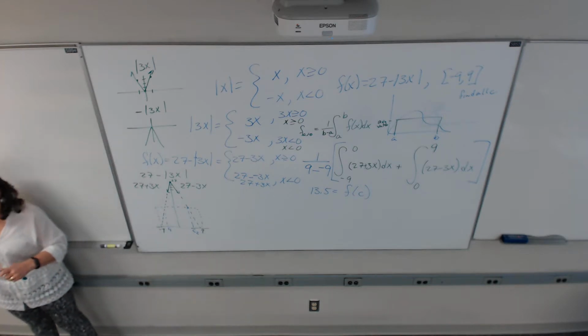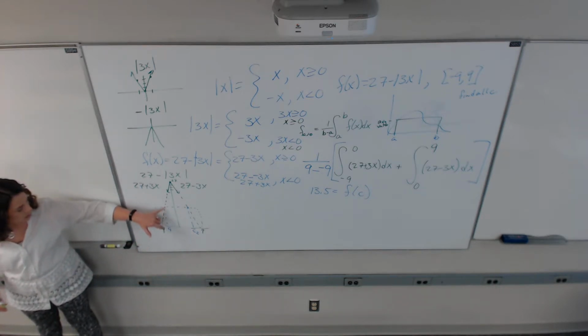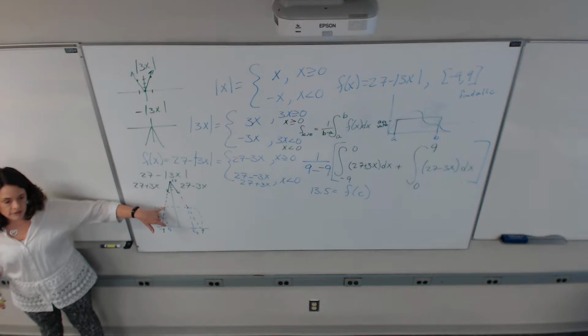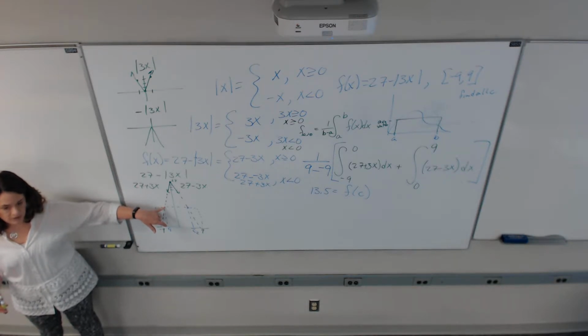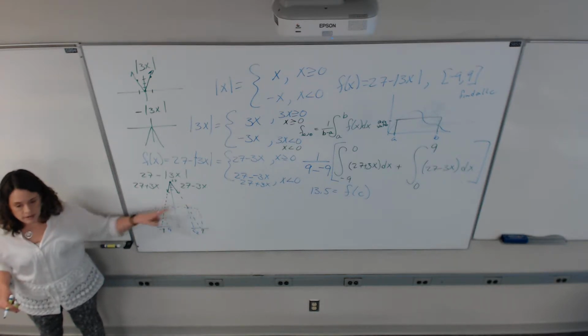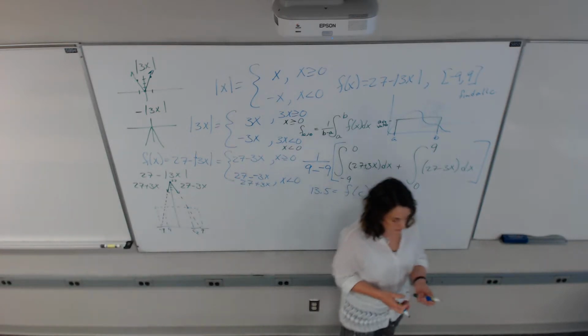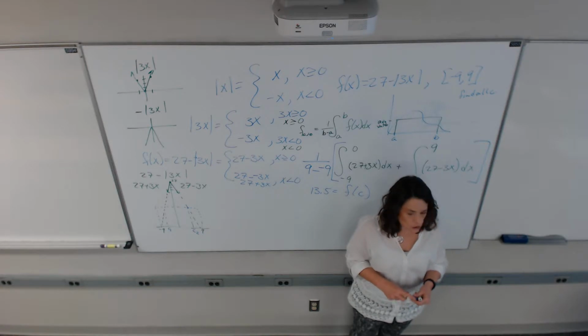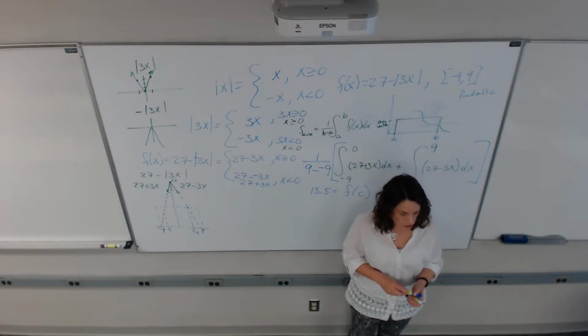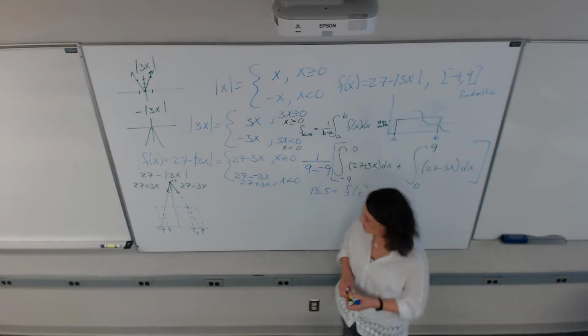Two places that have that y value as their function value, 13.5. One on each side, right? The geometry of the problem should really help you to solve it, right? Use the geometry, draw the pictures. The pictures are important, okay?